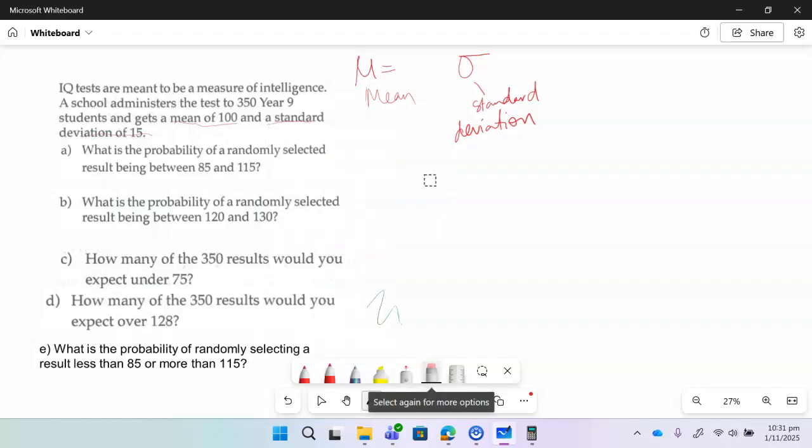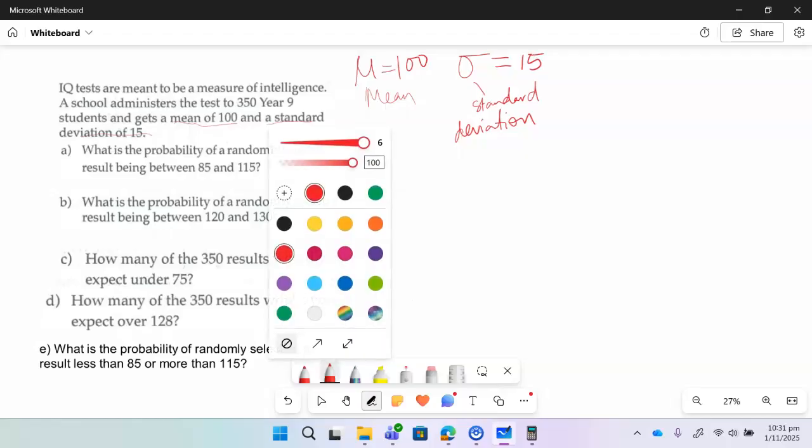Okay, fine, that's the thickest we can do. That's okay. So in this question, the mean is 100 and standard deviation is 15. Let's quickly write that down.